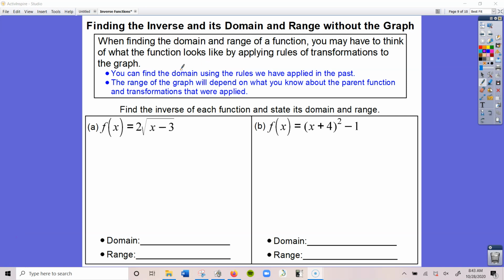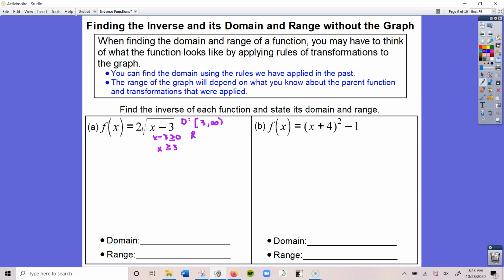So if we're looking for the domain and range of this particular function, this is a radical. So for the domain, we know that x minus 3 has to be greater than or equal to 0. So x has to be greater than or equal to 3. Therefore, the domain would be bracket 3 to infinity.